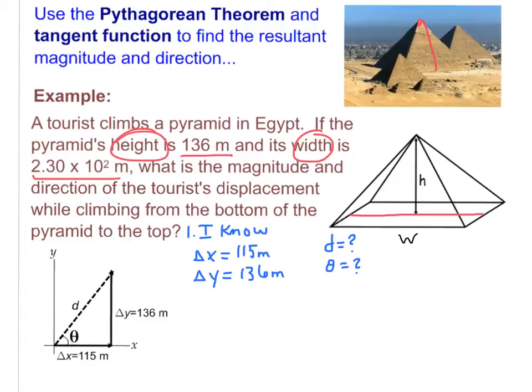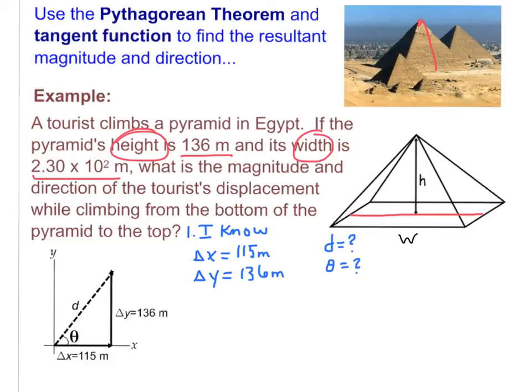Now, another thing I did to help us solve this problem is that I drew a diagram. I drew several diagrams here. I just drew the pyramid diagram to help you understand why I divided the width by 2. But it's important to write out my xy coordinate system, and I'm placing my starting point at the origin because it makes it really easy for me.